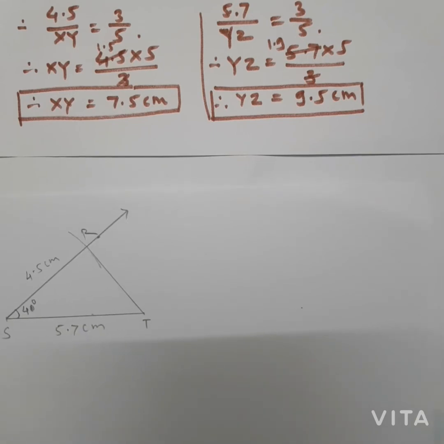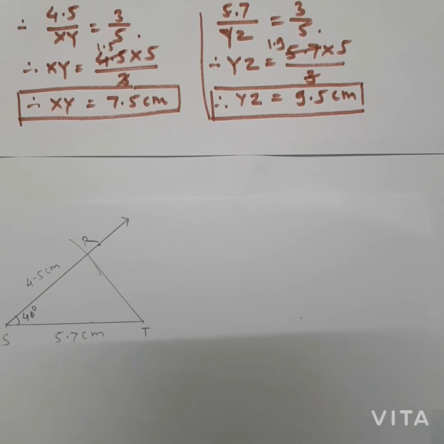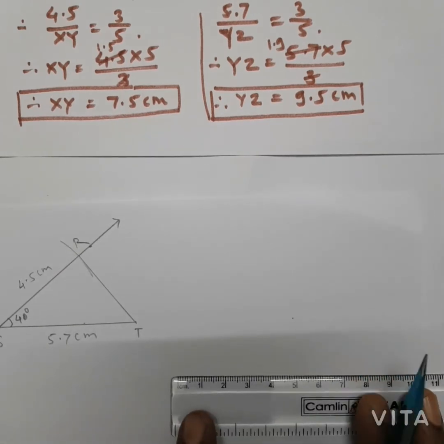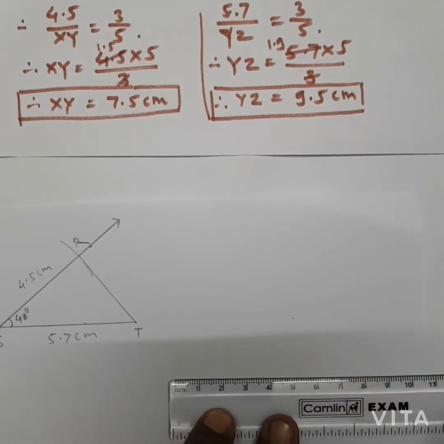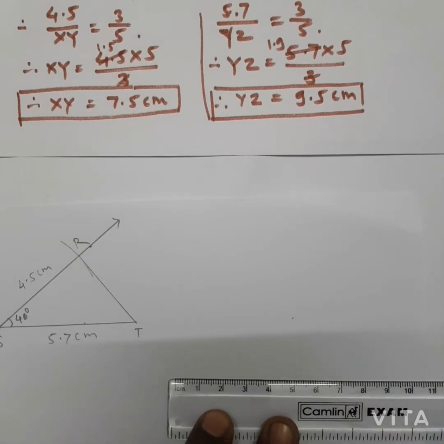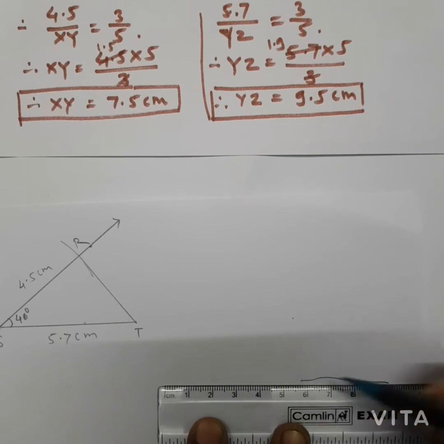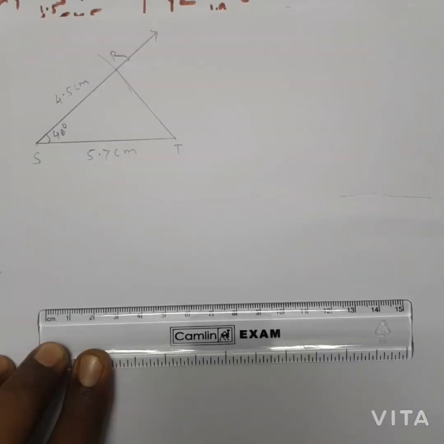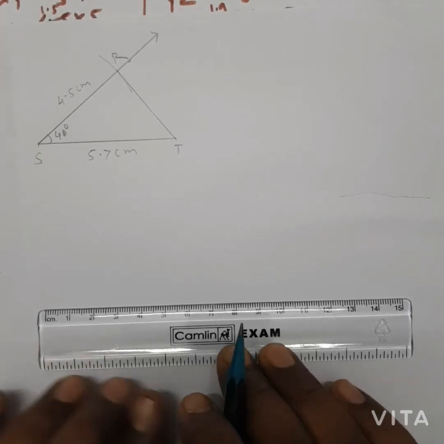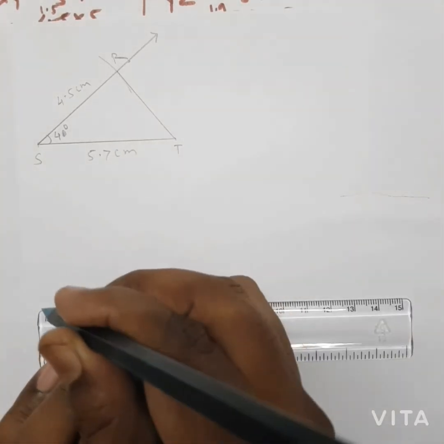Now we will draw the second triangle, that is triangle XYZ, in which YZ is 9.5 centimeter. We have to take a 9.5 centimeter distance.